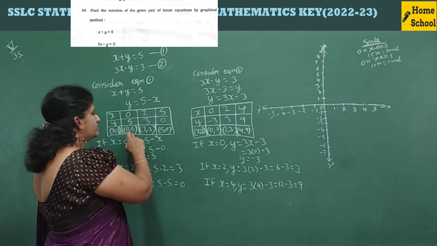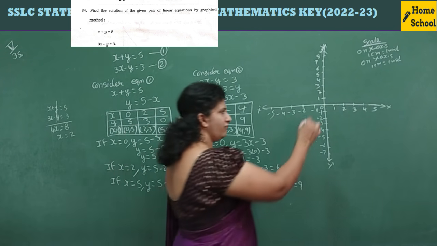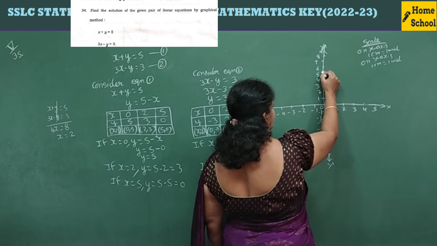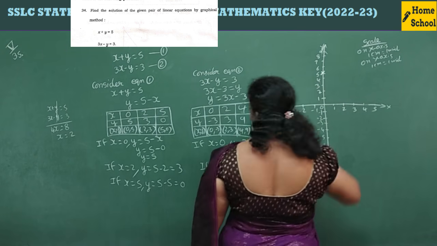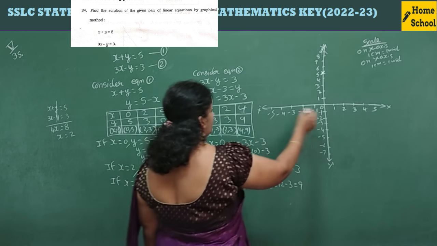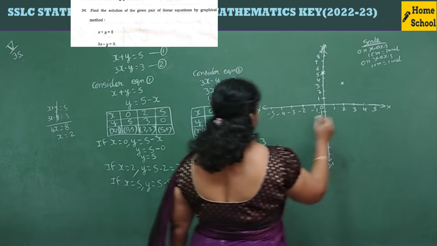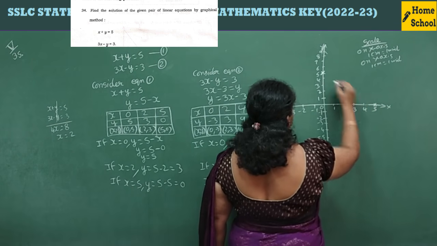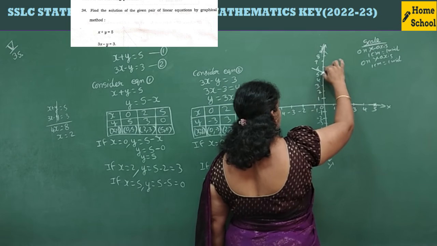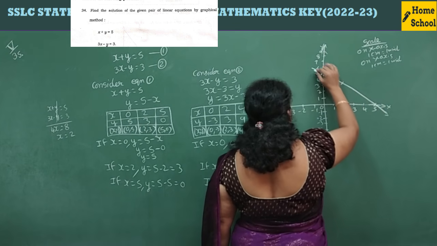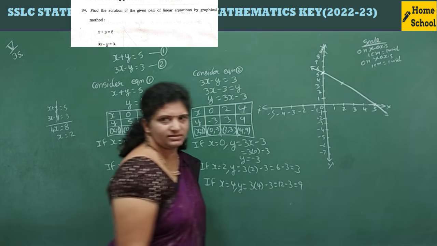First table: 0, 5. Roughly I am plotting 0 on the x-axis, 5 on the y-axis. This one, right? And next 2, 3, and 5, 0. Just let me join. Please use a scale neatly to draw these lines.